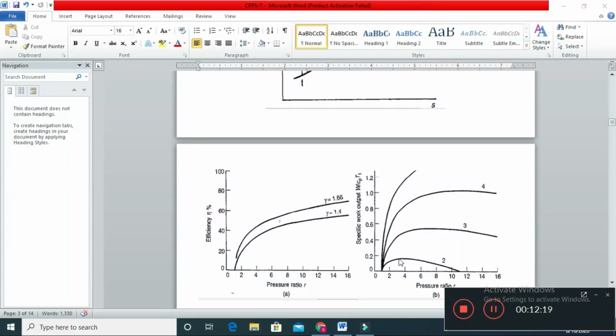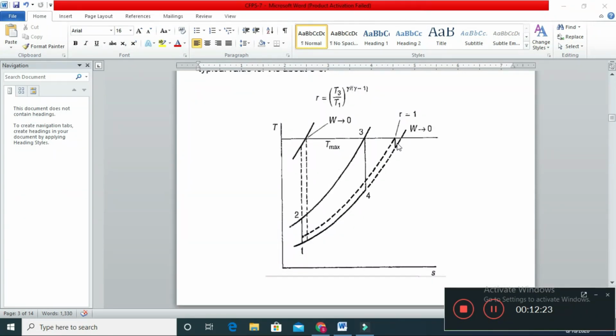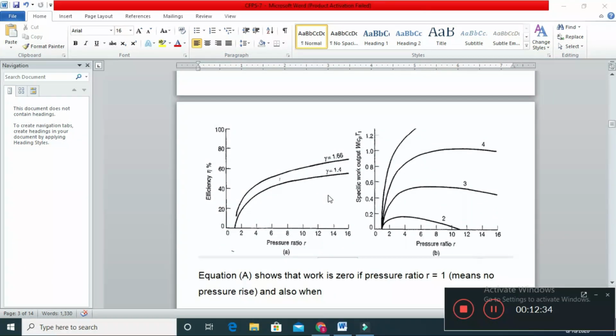The specific work is 0 when the compression ratio is close to 1. Similarly, the specific work is again close to 0 when pressure ratio is very high. So you can see in the plot that the specific work is increasing, then it is decreasing.